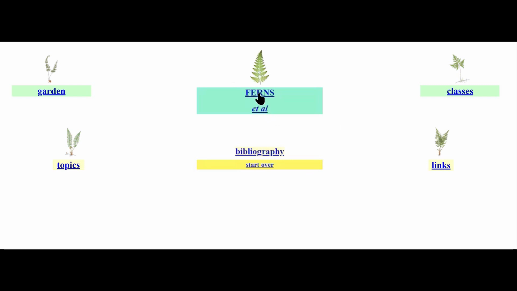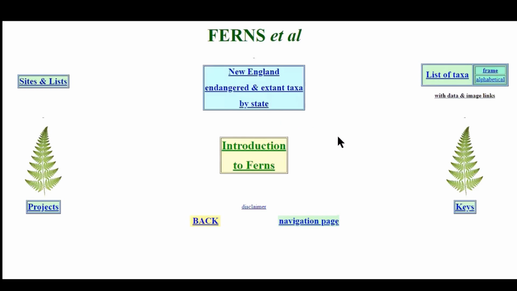But if you want to know about ferns, you click ferns. And then there are lists of various sites, including, say, Massachusetts, and what ferns and club mosses and horsetails grow there. Or you could look at all the taxa in New England of the pteridophyte species and some of the hybrids. But this is a talk about the introduction.